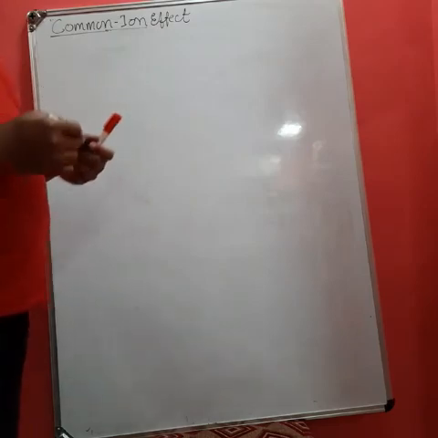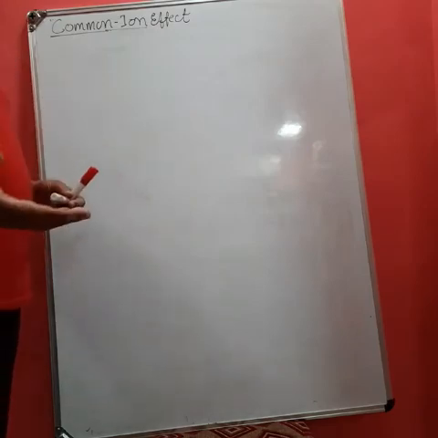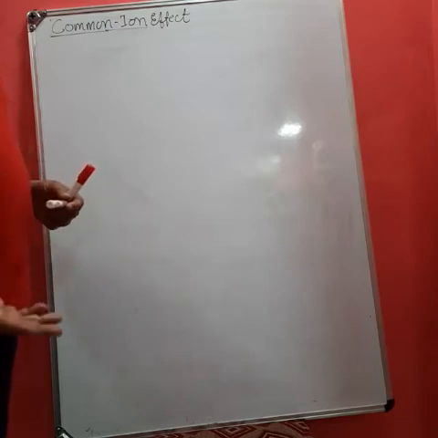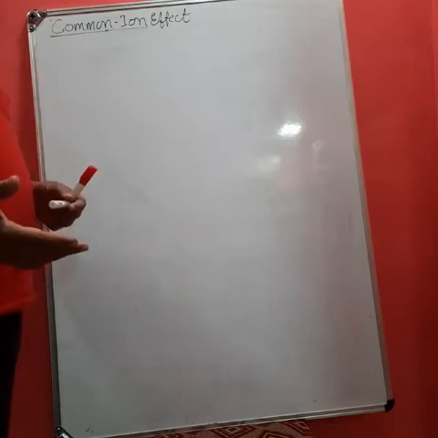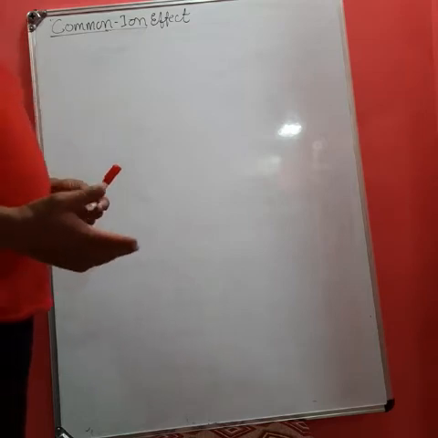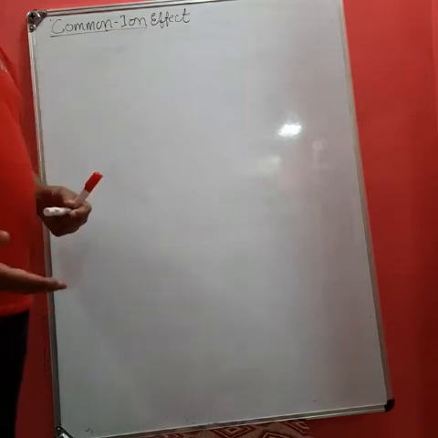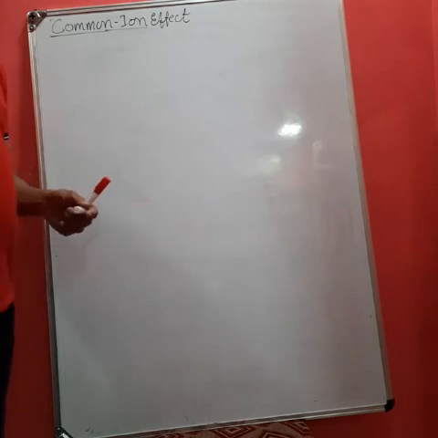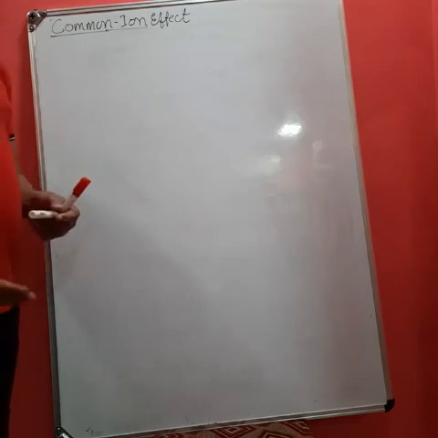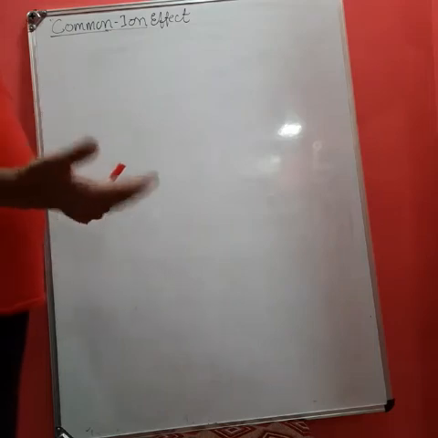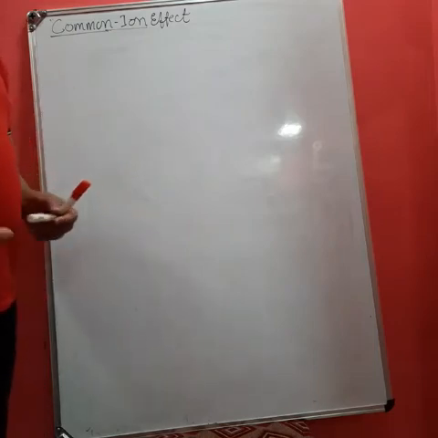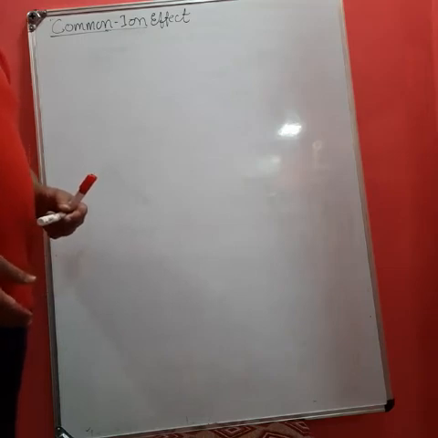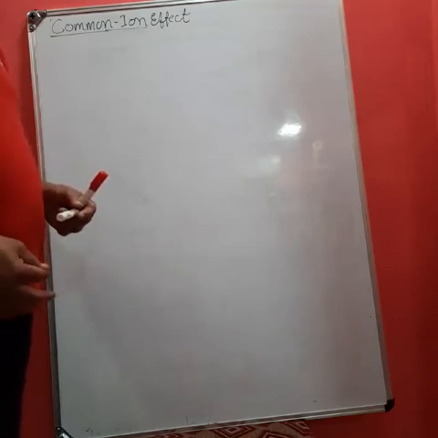Student, you know that weak electrolytes, say weak acids or weak bases, already ionize very feebly or weakly. But sometimes during salt analysis, we require even a very small amount of ions of a particular reagent.